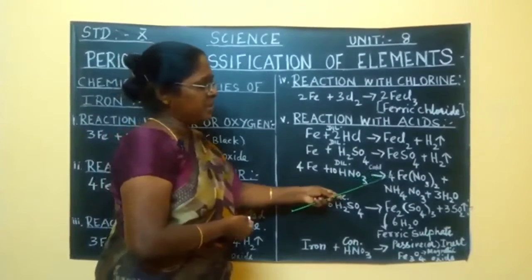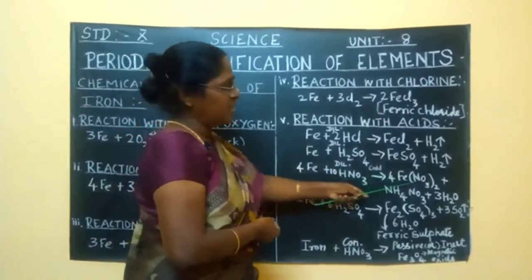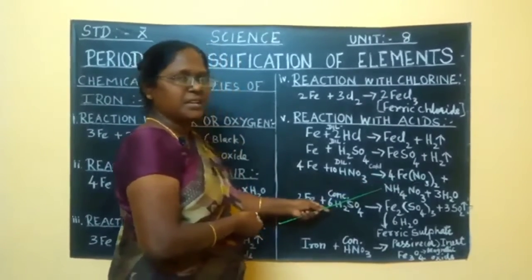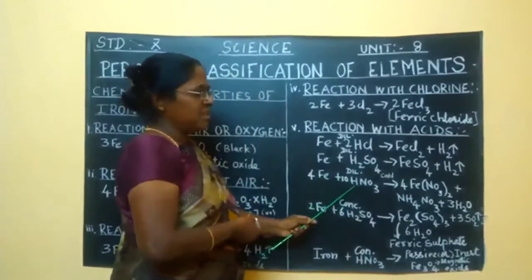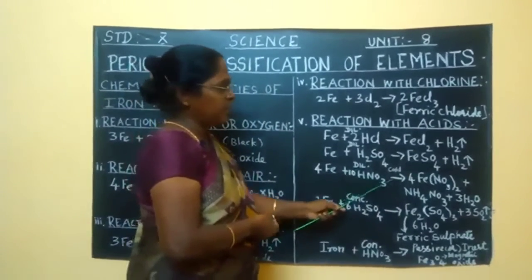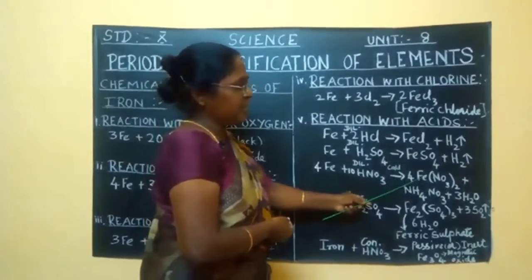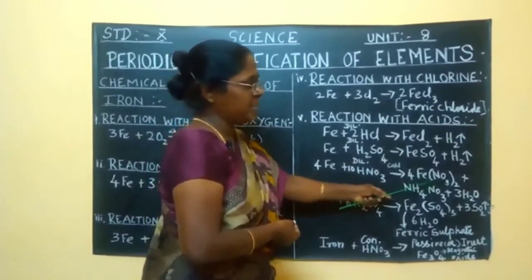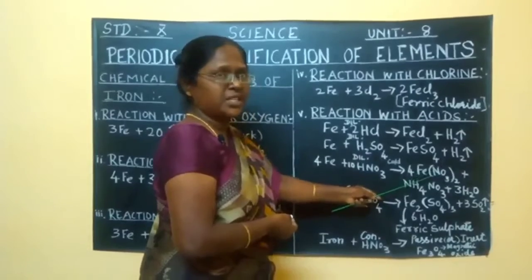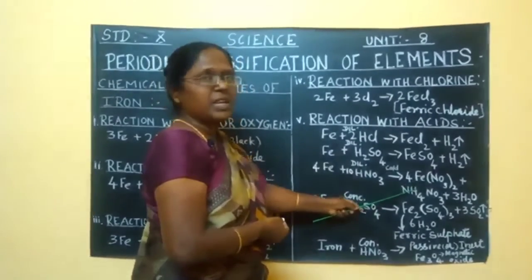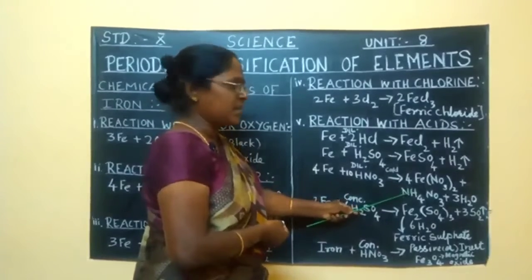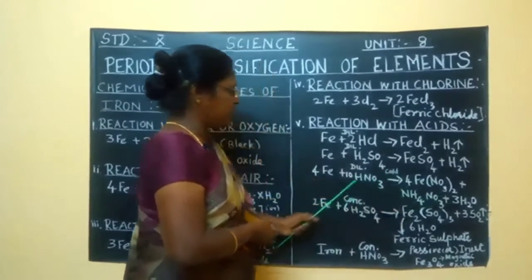It produces ferrous nitrate plus ammonium nitrate plus water. Fe plus dilute HNO3 produces Fe(NO3)2. Fe(NO3)2 means ferrous nitrate, NH4NO3 means ammonium nitrate, plus water is produced.